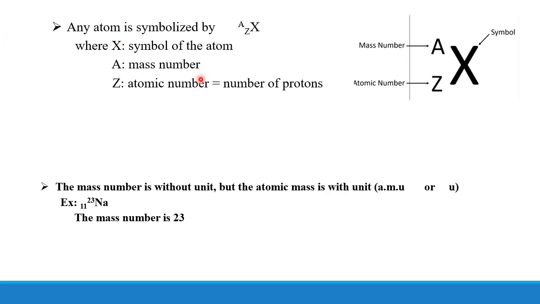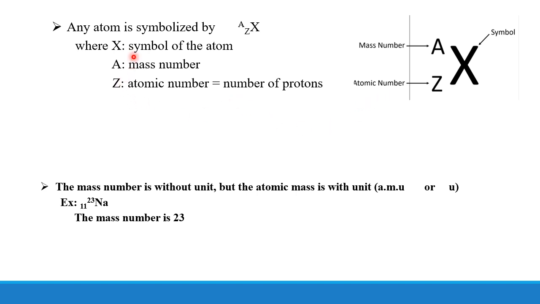Here is the nuclide of an atom. It is made up of X, which is the symbol, A, which is the mass number, written capital, and Z, also written capital letter, which is the atomic number.